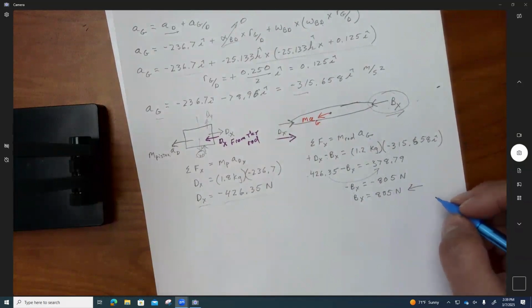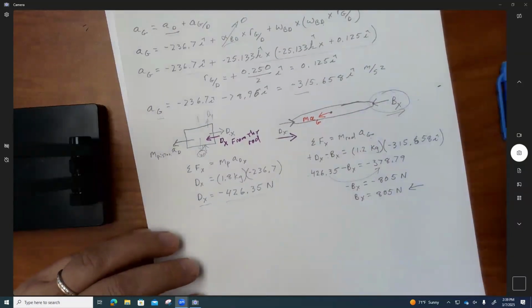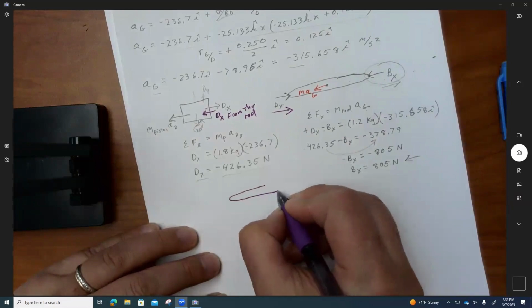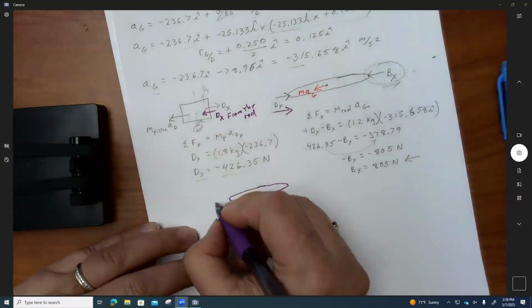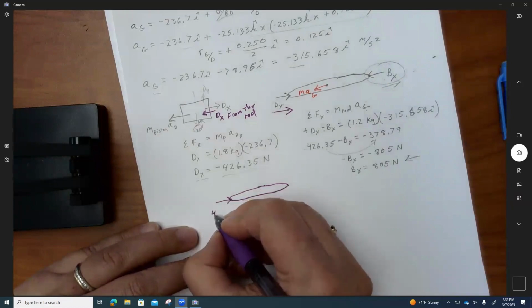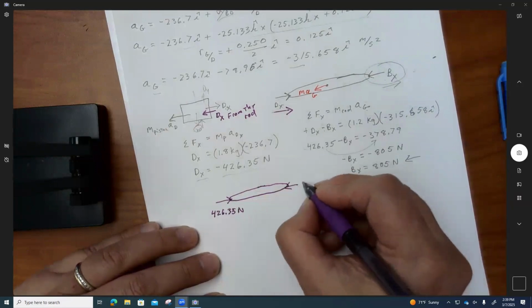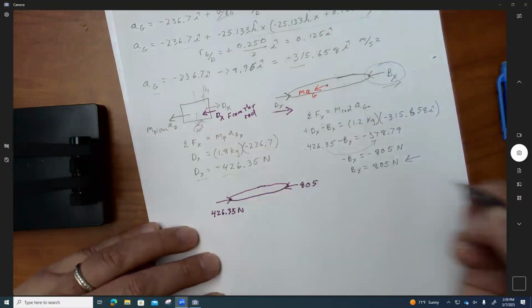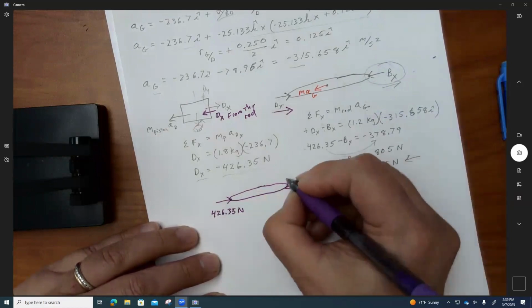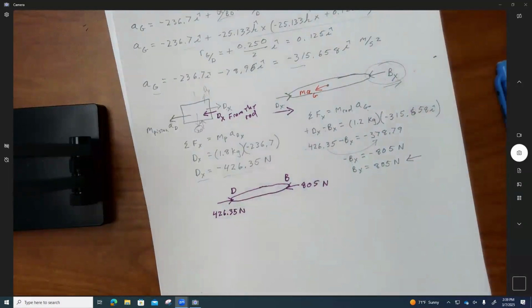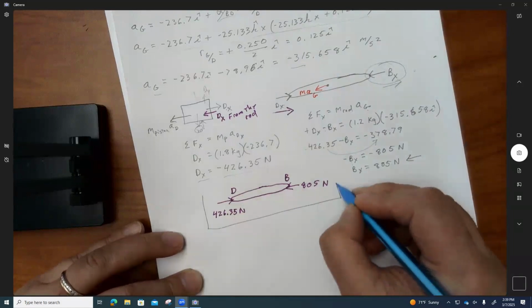Now, if we were going to work on putting together the final solution, what it would look like is we were asked for the forces on either end. And so we are going to have 426.35 newtons here, and we're going to have 805 newtons there for B and D. This would be your final answer.